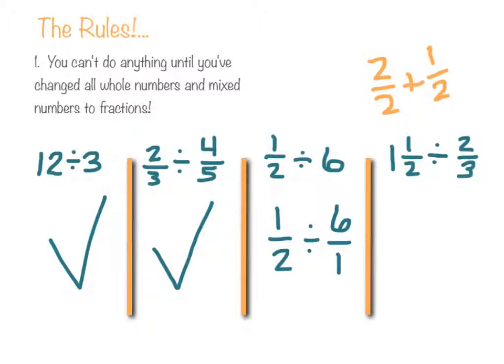So when we put those two things together, we have 3/2. So 1 and 1/2 can be rewritten as 3/2 divided by 2/3. Once we've done that, we are now ready to move on to the next step.